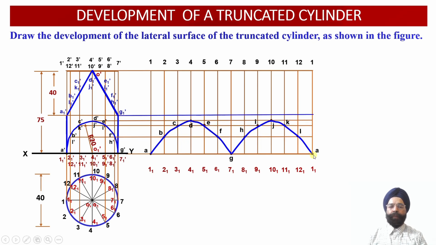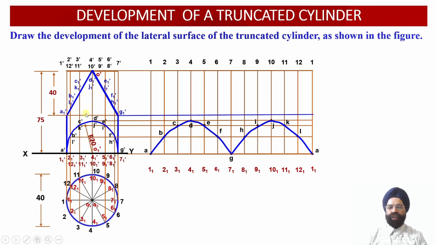So now let us obtain the development corresponding to these two inclined cutting planes over here. So now these two cutting planes, again, they are going to intersect with all the 12 vertical generators of this right cylinder over here. So we can check point A1 dash, it is lying on the vertical generator 1 dash 1 1 dash, and point G1 dash, it happens to lie onto the vertical generator 7 7 1 dash.